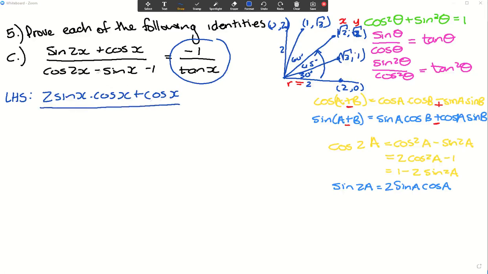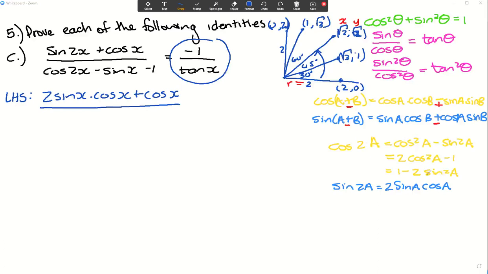At the bottom, we've got cos 2x − sin x − 1. We know that this needs to be factorized. The only way I can factorize it simply is by making cos 2x into a sin x term. I've got cos 2a equals cos squared a minus sin squared a. That could possibly work, but I don't want to deal with the cos again.